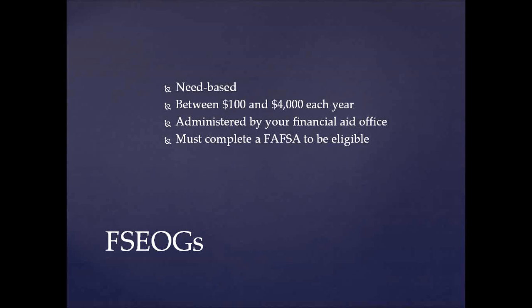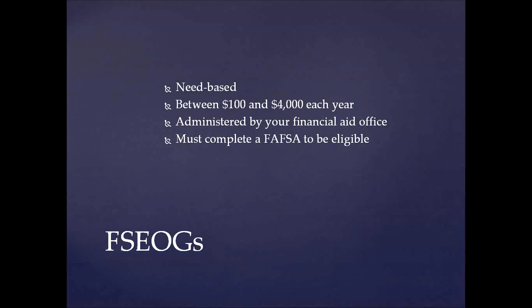There is also the Federal Supplemental Educational Opportunity Grant, or FSEOG. There is not necessarily a set amount of how much an FSEOG will be, but it is primarily need-based and also administered directly by your college rather than being administered by the federal government.